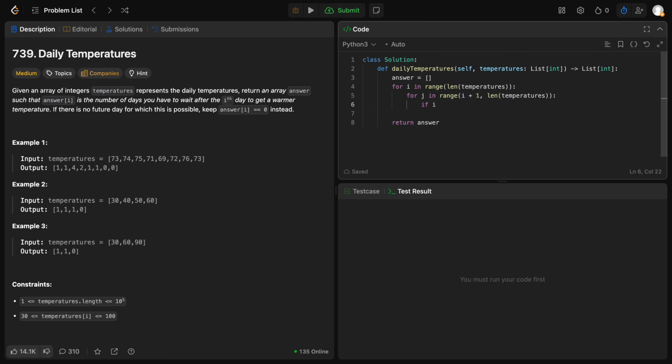Temperatures, we're doing a nested structure, so we start off with i, and then j is like that next.